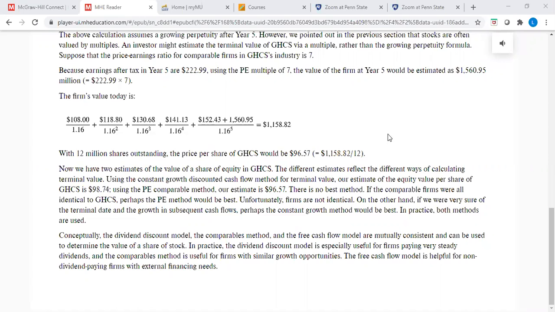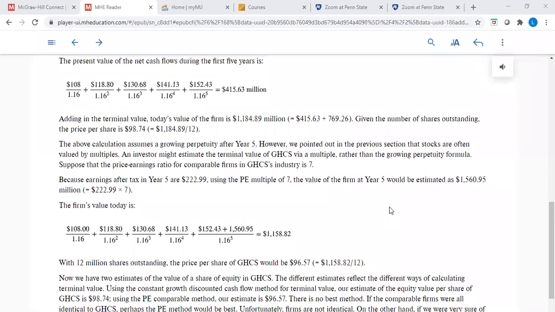But that's at the end of year 5. So that's just the value at the end of year 5. Still need to determine the present value of years 1 through 4, and then add 5 also.